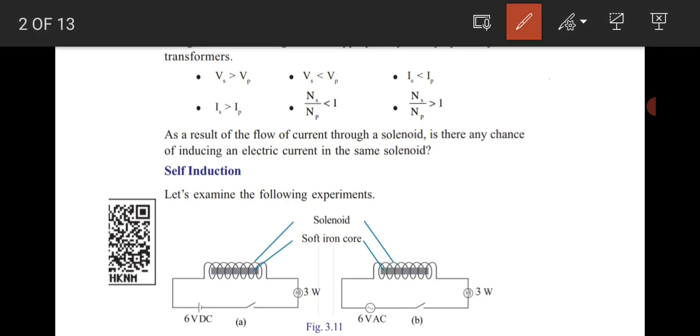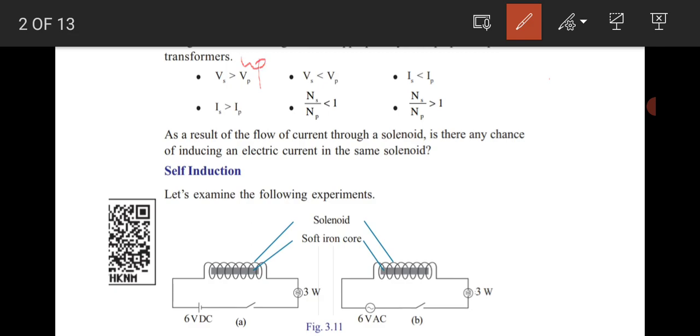Let us take the first option, Vs greater than Vp. Which transformer represents this relation? Yes, that is a step-up transformer, because the voltage in the secondary is greater than the voltage in the primary.